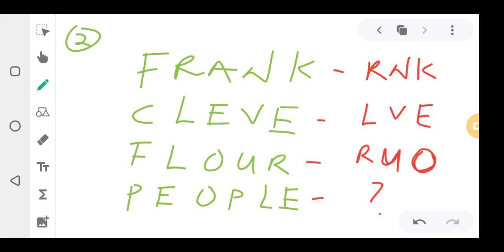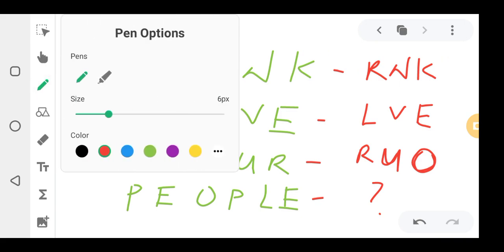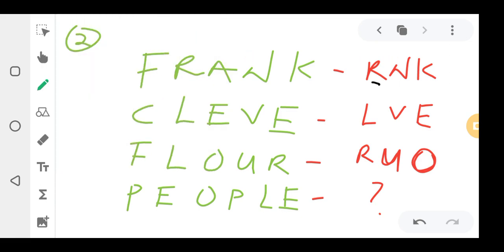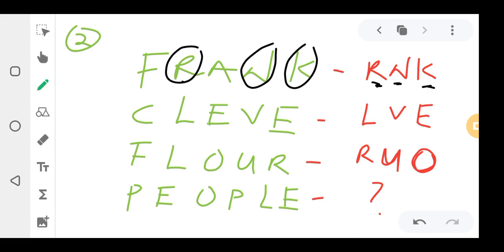What is the pattern? This should tell you what they are doing here. So you look at the pattern, how it's going. Here there is R, so it means they picked the first letter, followed by N and K. So they got this letter here and the last two. Even here it's L, so they got the first letter and also V, E, the last two. You see, that's a pattern.